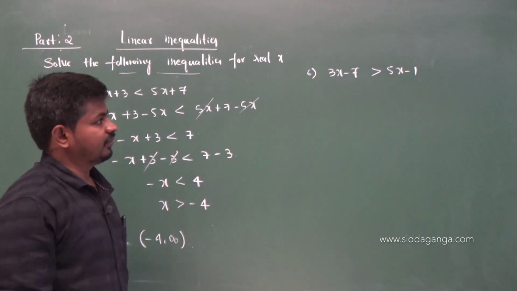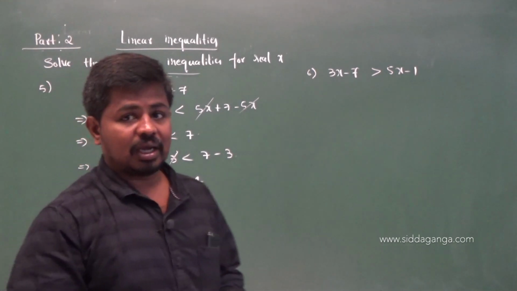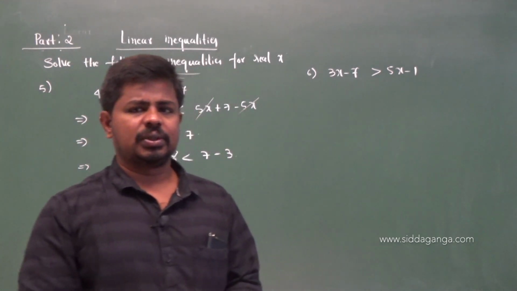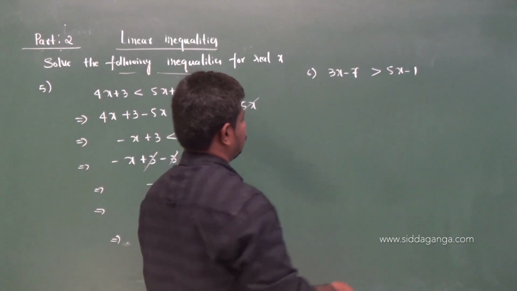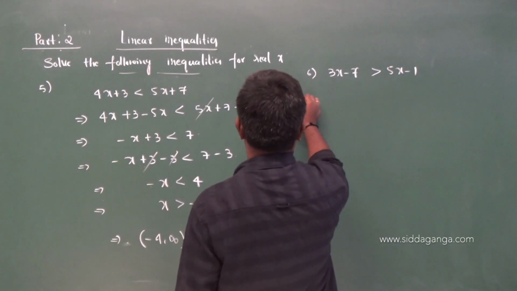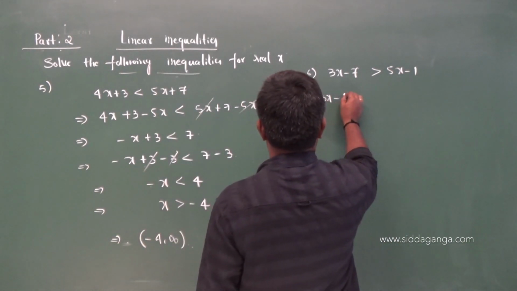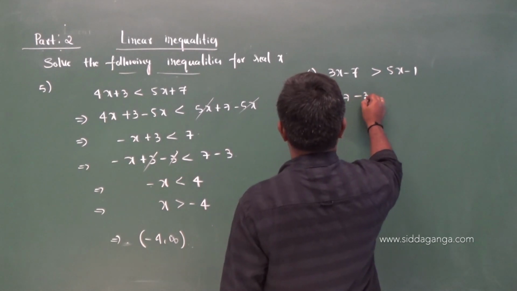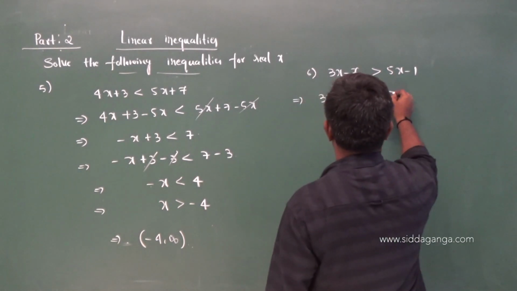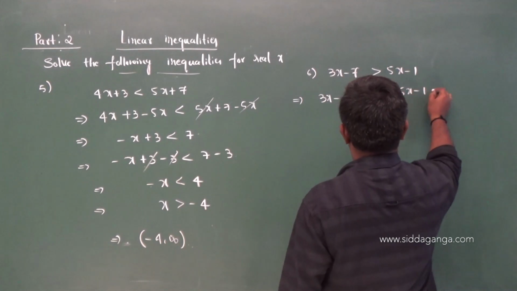Here also, students, we have a variable term on both sides of the inequality. So, just remove any of these two. So, I am going to write 3x minus 7, and I am going to add minus 3x on both sides.